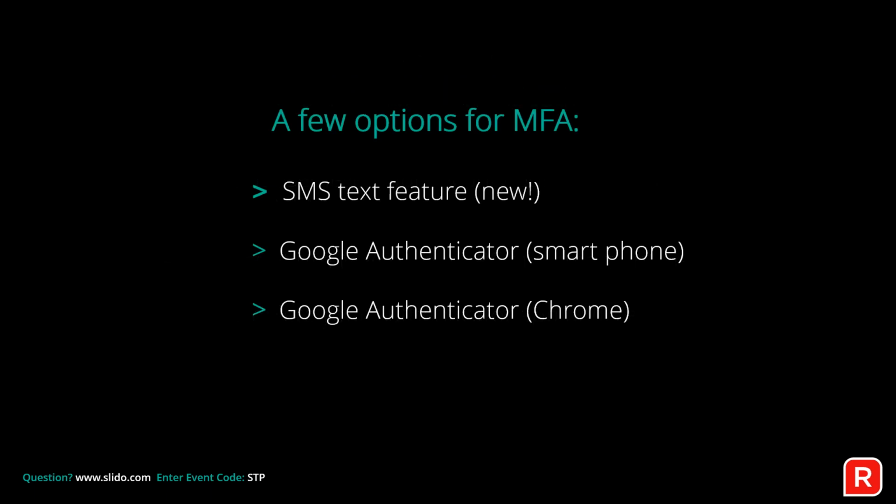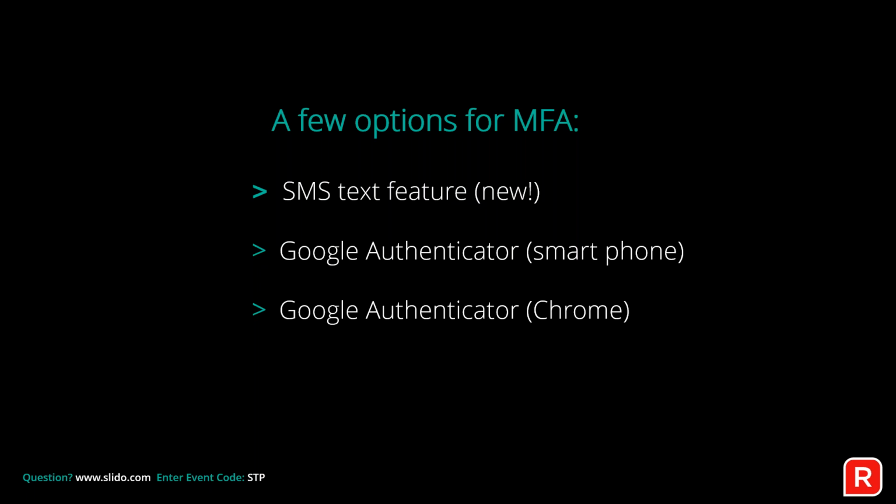So these are the three options that you have for MFA. We currently have the SMS text feature, which is our most popular option. Otherwise, you can download the Google Authenticator app on your phone, whether you use iPhone or Android.